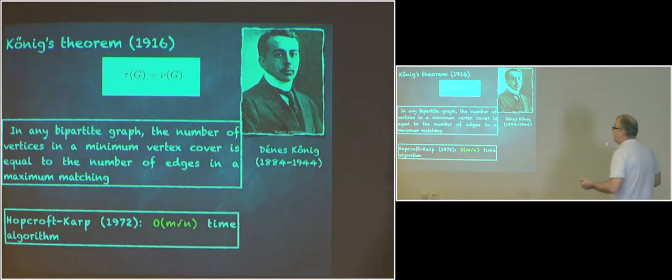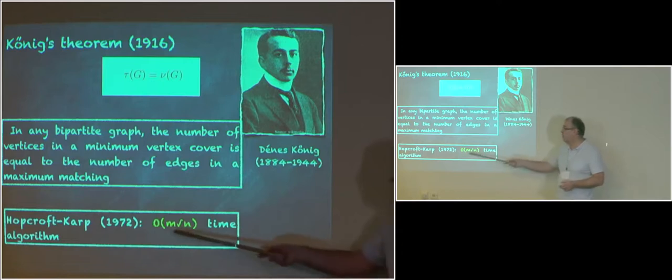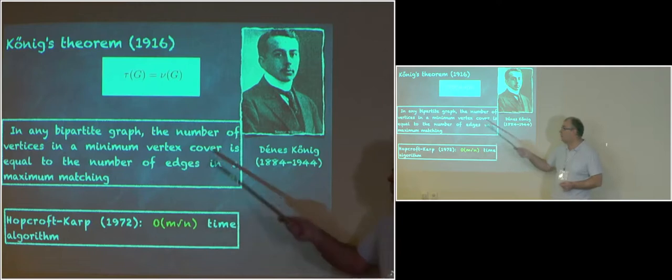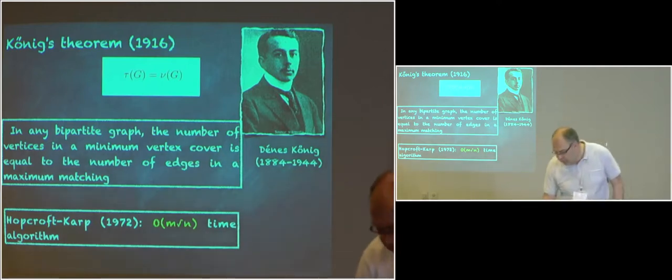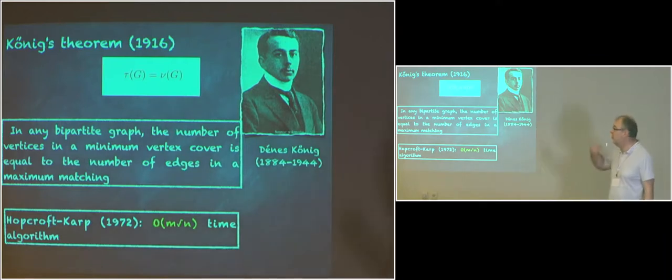And also there are efficient algorithms like the Hopcroft-Karp algorithm from 1972, which computes, in time m, the number of edges, and n, the number of vertices, a matching or a vertex cover of a bipartite graph. That will be one theorem which I will be really using all the lecture.